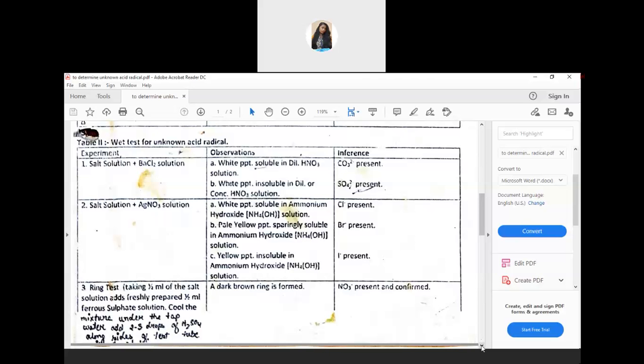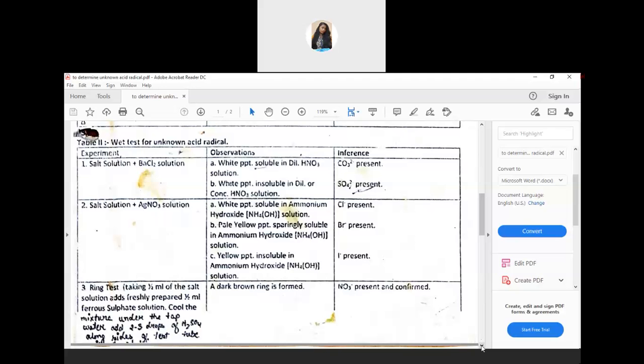For the second test, you have to take salt solution plus silver nitrate solution. After adding silver nitrate solution to the salt solution, you can find three observations. First observation is a white precipitate is formed, and that precipitate is soluble in ammonium hydroxide. If the precipitate is dissolving in ammonium hydroxide, that means chloride is present.